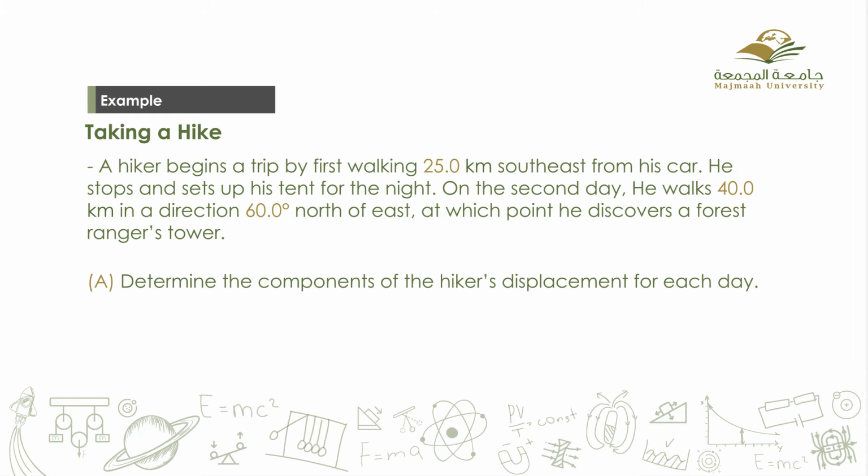First of all, we should think of the two days as two different vectors. The first vector is 25 in the direction of southeast, but we don't know the angle of this vector, so it is taken to be 45, as it is the middle of the 90 degree angle between east and south.